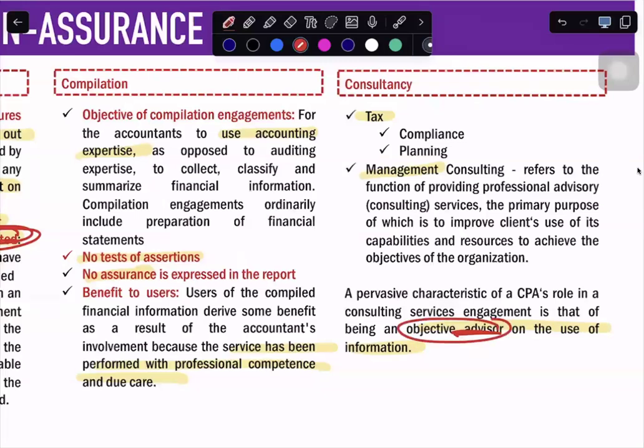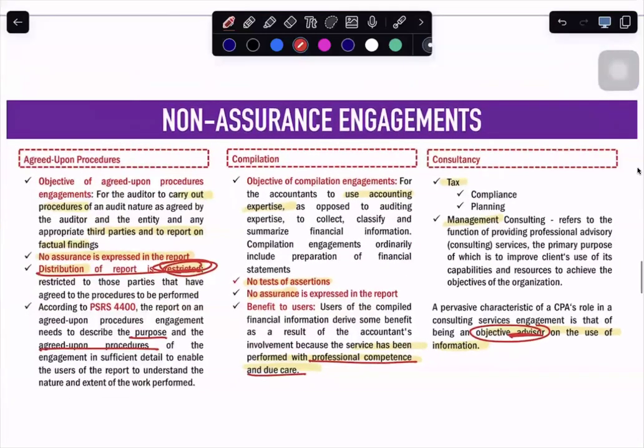For compilation, take note of compiling or creating a report based on professional competence and due care. And then for agreed upon procedures, these normally are agreed upon by different parties out of the particular report.